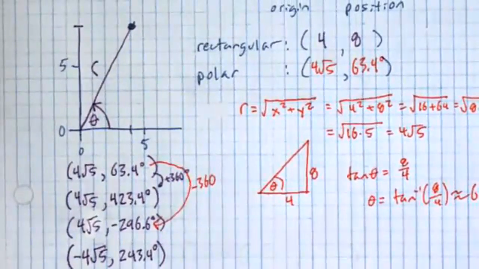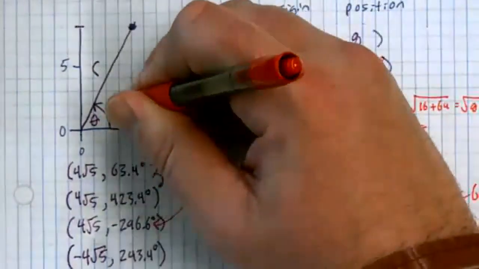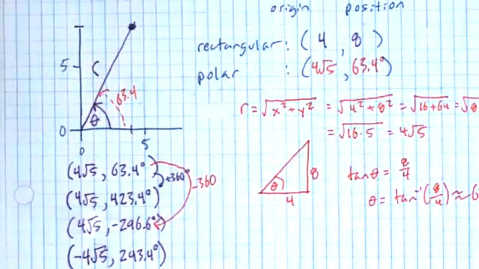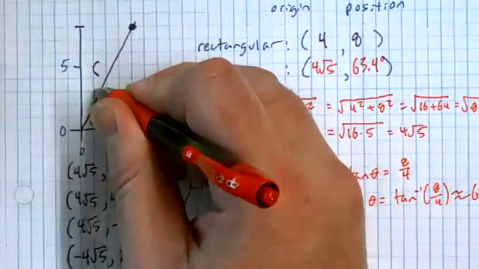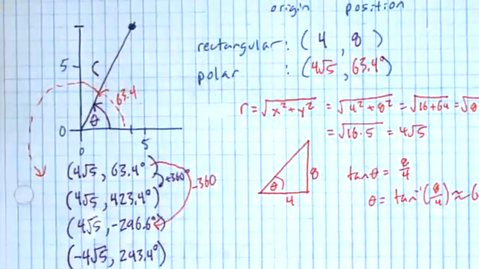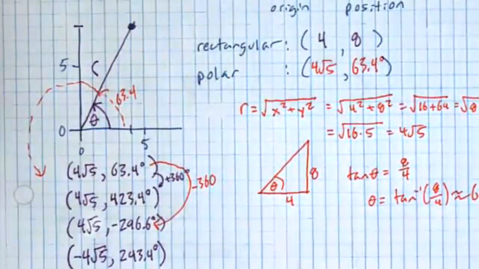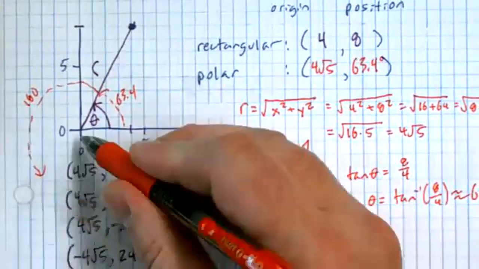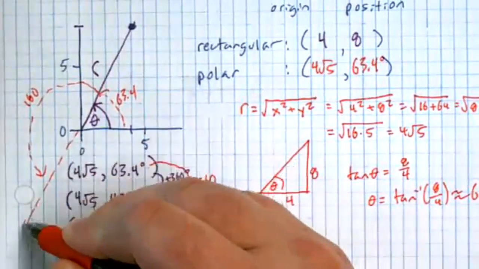Oh, I'm hearing some light bulbs turn on. So this right here is 63.4, right? 243.4 would be about right there. That's 180 degrees off of that. And here's my negative.